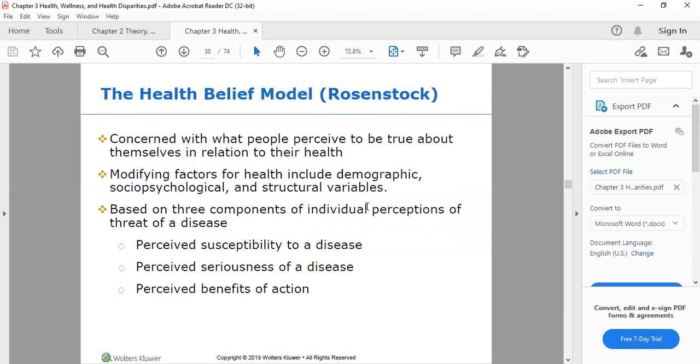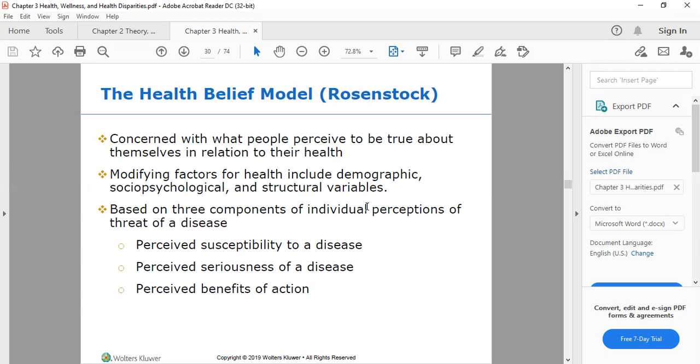So the health belief model, this talks about how people perceive what they believe to be true about themselves and their health. So it doesn't matter whether I'm in good health or not, if I perceive myself as being of good health. I will modify factors for health, including demographic, social, psychosocial, and structural variables. So based on three components, I'm looking at these variables to see what my perception of the disease is.